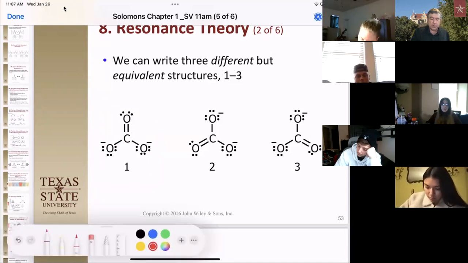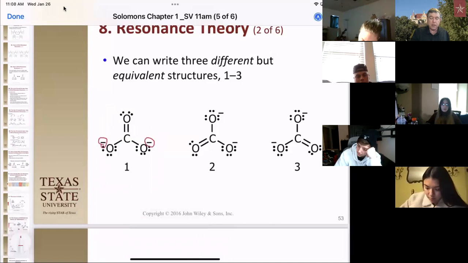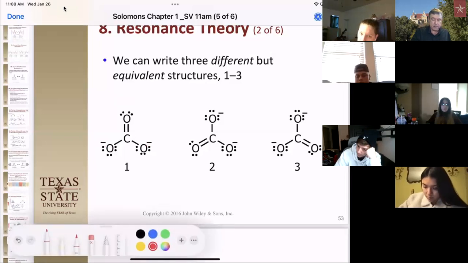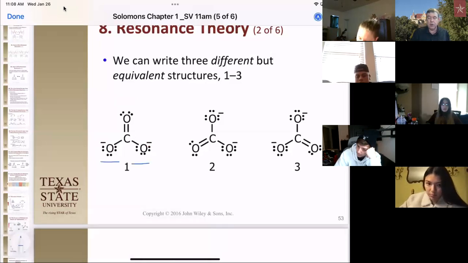Our formal charge is going to be a negative charge on this one, a negative charge on that one, and a neutral 0 charge on this oxygen and the carbon. So why is it only the 2 bottom oxygens that have the negative charge? Why can't it be these 2? Or why can't it be these 2? Well, there's no reason it can't.